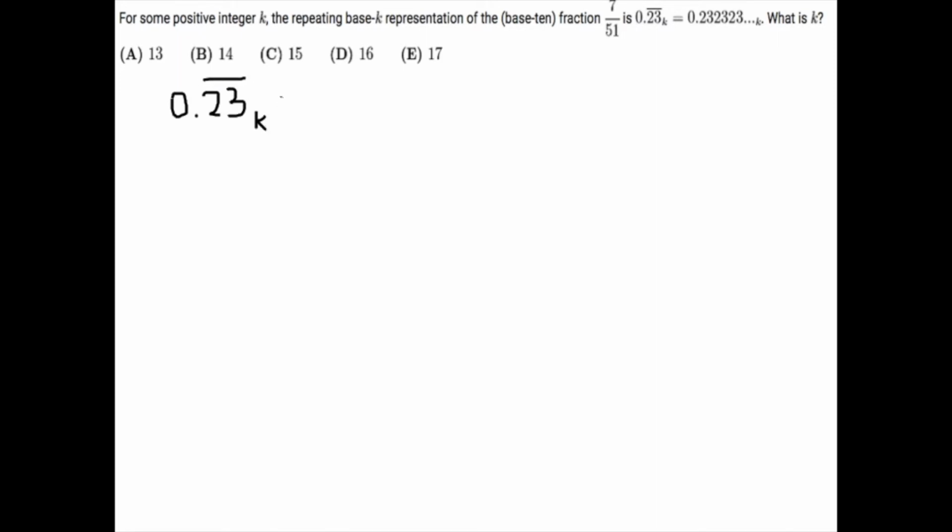is going to be equal to 2 times k to the negative 1 plus 3 times k to the negative 2 plus 2 times k to the negative 3, and etc., right? You have 3 times k to the negative 4, 2 times k to the negative 5, 3 times k to the negative 6, etc. So what do we do with this information?